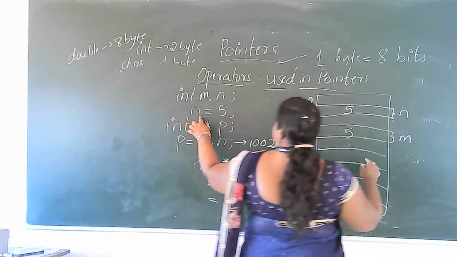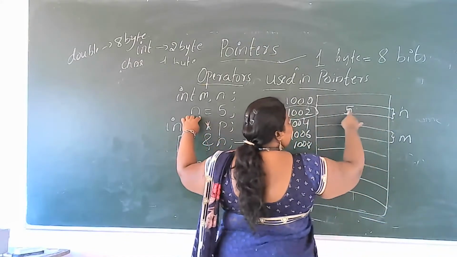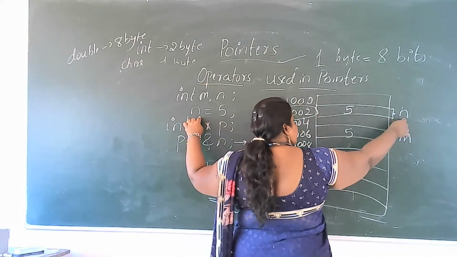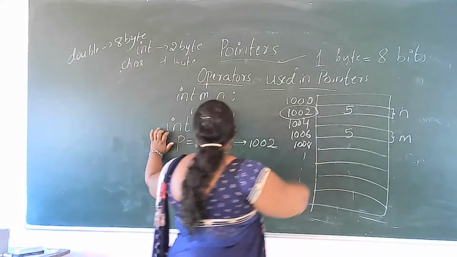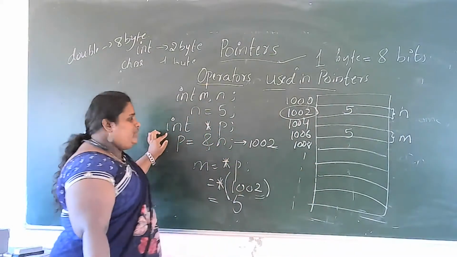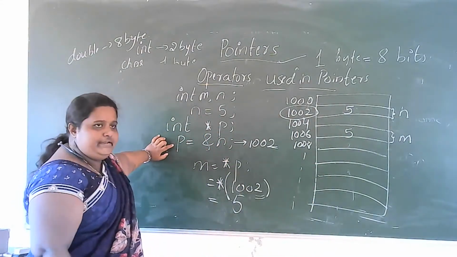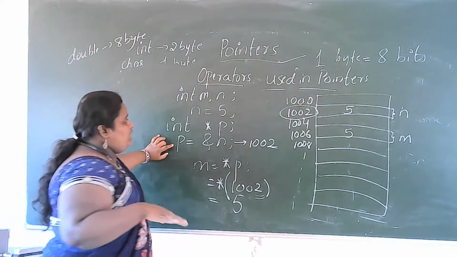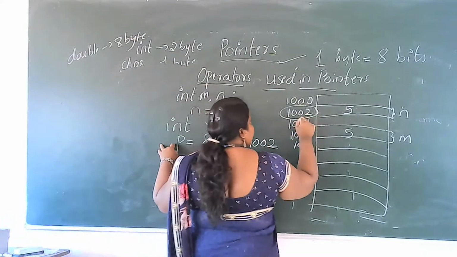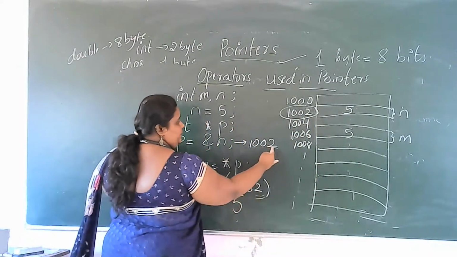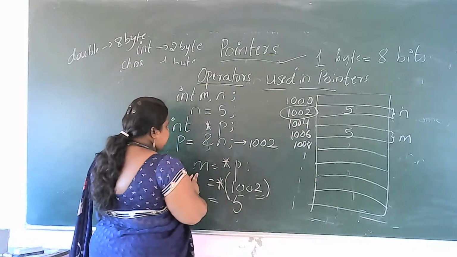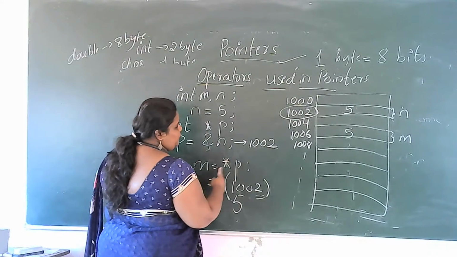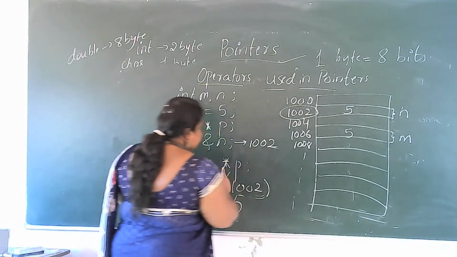Next, what is the next statement? n equal to 5. You are assigning 5 to n, at 1002. Next, you are declaring a pointer variable and storing the address of n in it. The address of n is 1002. Next statement is m equal to star p.